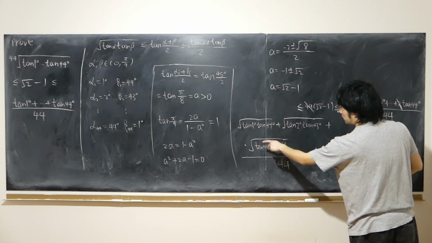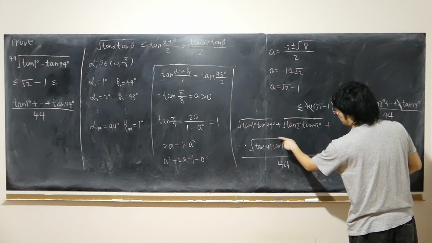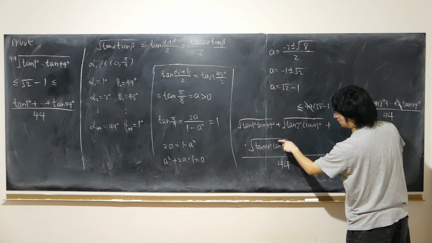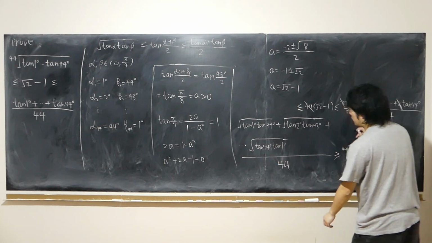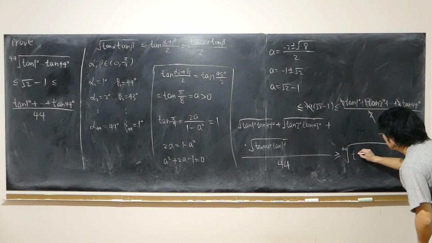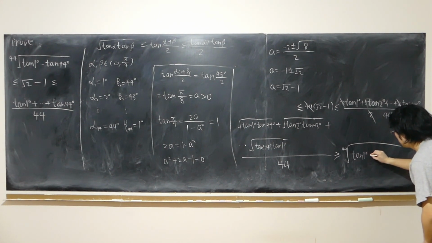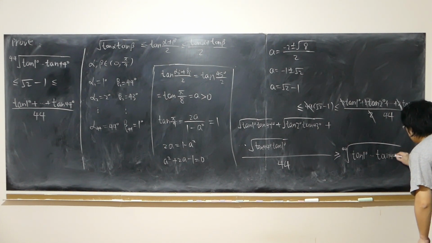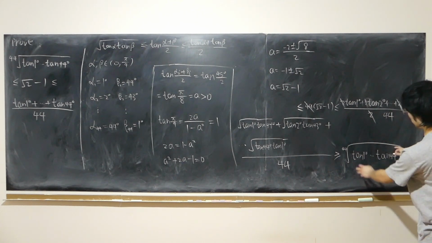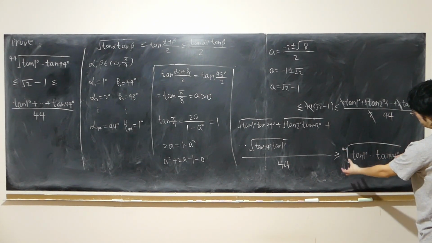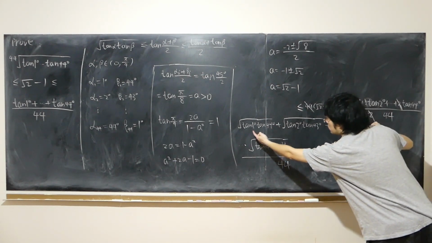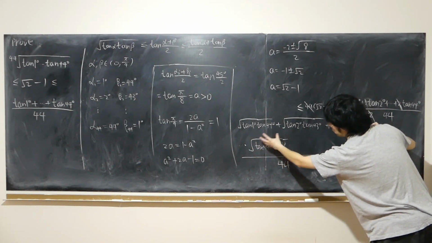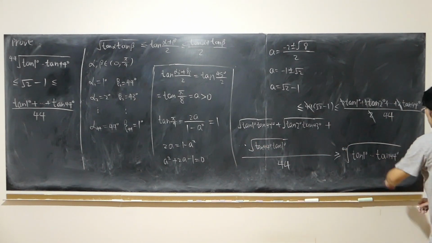I have twice of tangent 1 degree multiplied together, so tangent 1 degree, square root, so in the end I just have tangent 1 degree. Likewise, I have tangent 2 degrees, all the way up to tangent 44 degrees. The outside root is the 44th root. Inside, there are no more square roots, because each degree I have the tangent squared, then take the square root, and they cancel out.